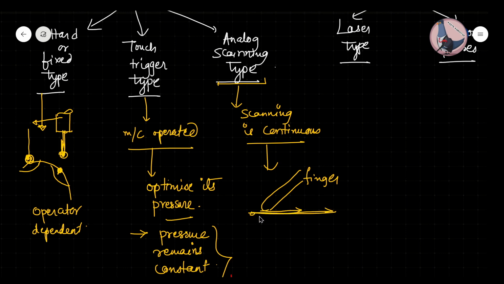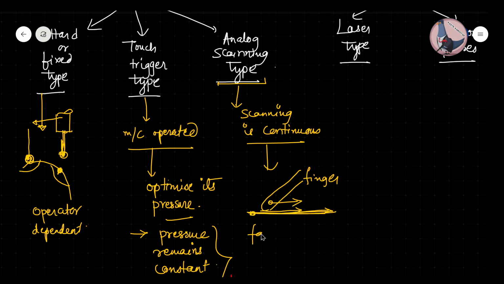The way you are tracing the line, feeling it, feedback is given to your brain. Similarly, a probe will be kept on the job, and the probe will move and continuously scan it.